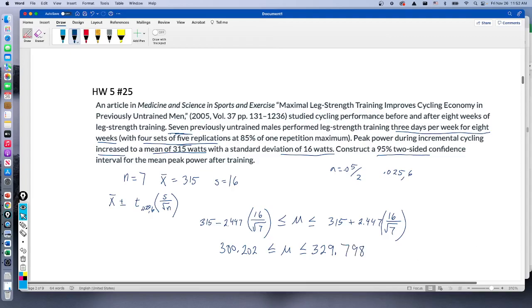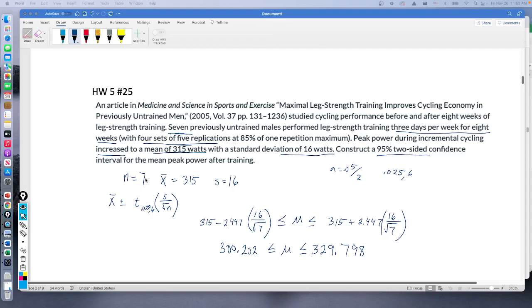So that's how we get a confidence interval. And again, 95% of the samples should be between here. So it's sort of a way of saying that most of the sample means would be in here. So it gives us a good solid estimate of what the population mean should be.